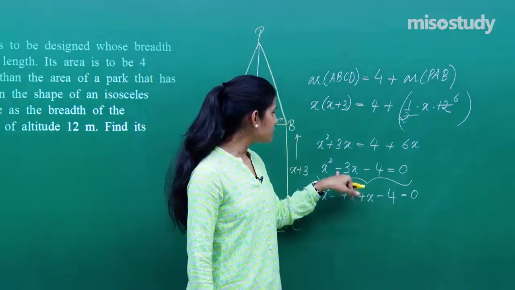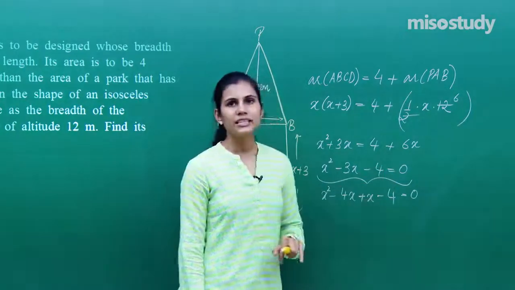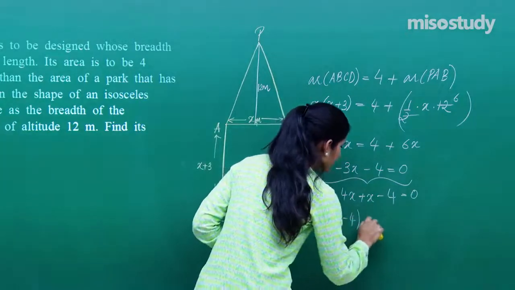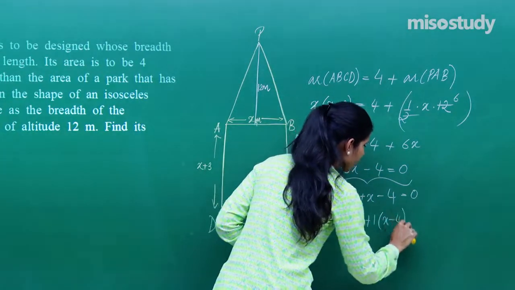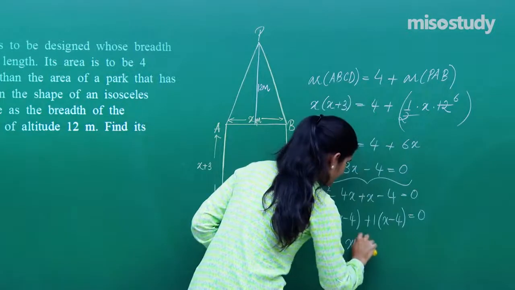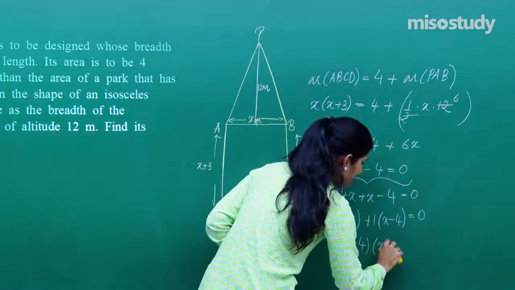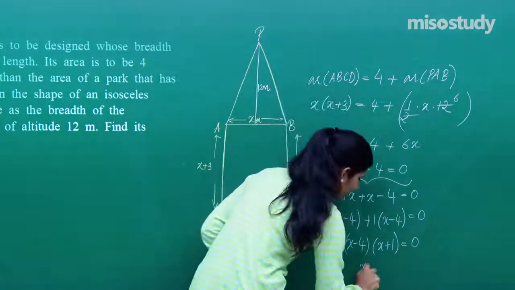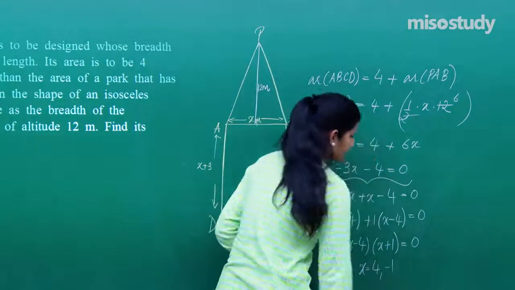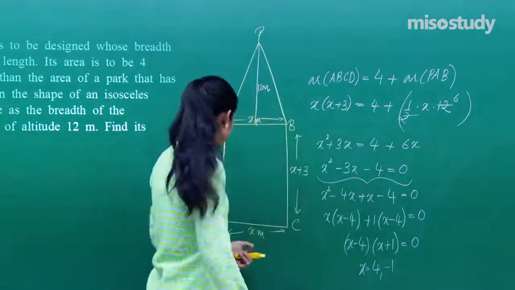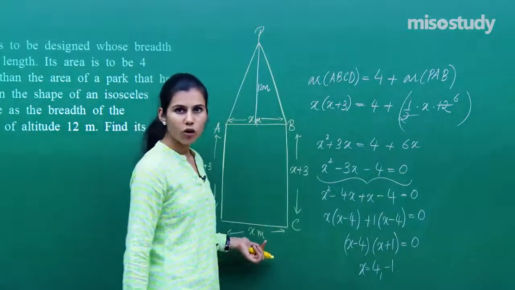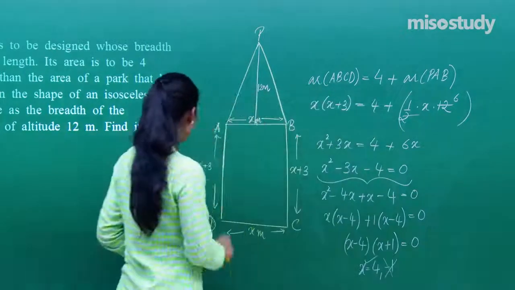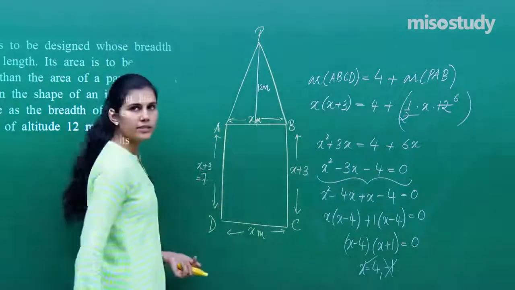Minus 4 plus 1 gives you minus 3, and minus 4 into 1 gives you minus 4. So you have x into x minus 4, plus 1 into x minus 4. So you have x minus 4 times x plus 1 equals 0. x is 4 and x is minus 1. Obviously, x is the length of a side of a rectangle, so it cannot be negative. So x is 4 and so length is 7.